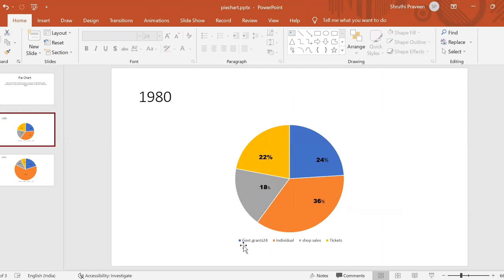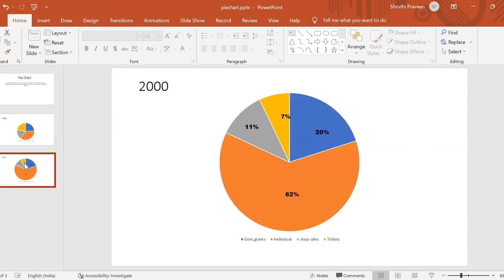So as you can see from the color key, 24% of the income has come from government grants, 36% from individuals, 18% from shop sales, and 22% from tickets, sale of tickets. Okay, this was back in 1980. After 2 decades, this is the situation.